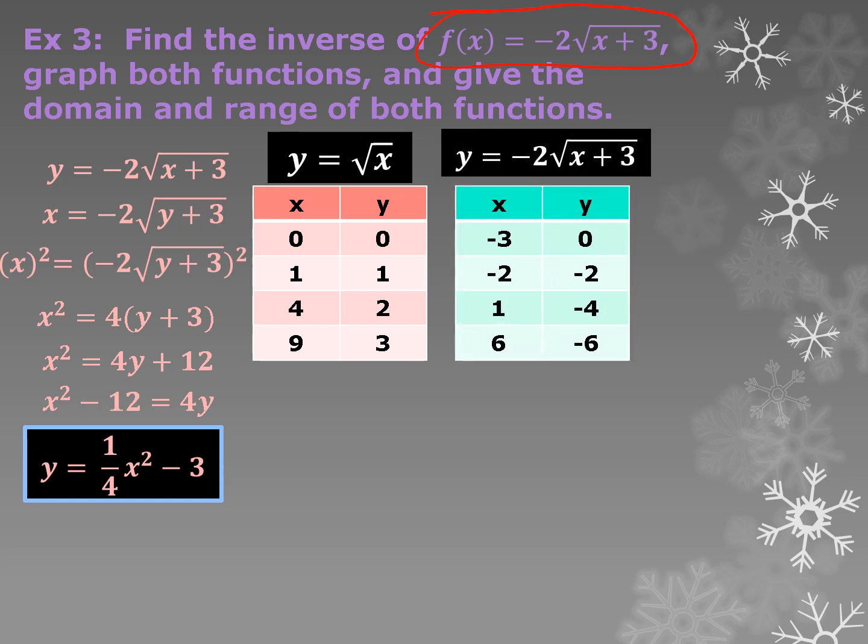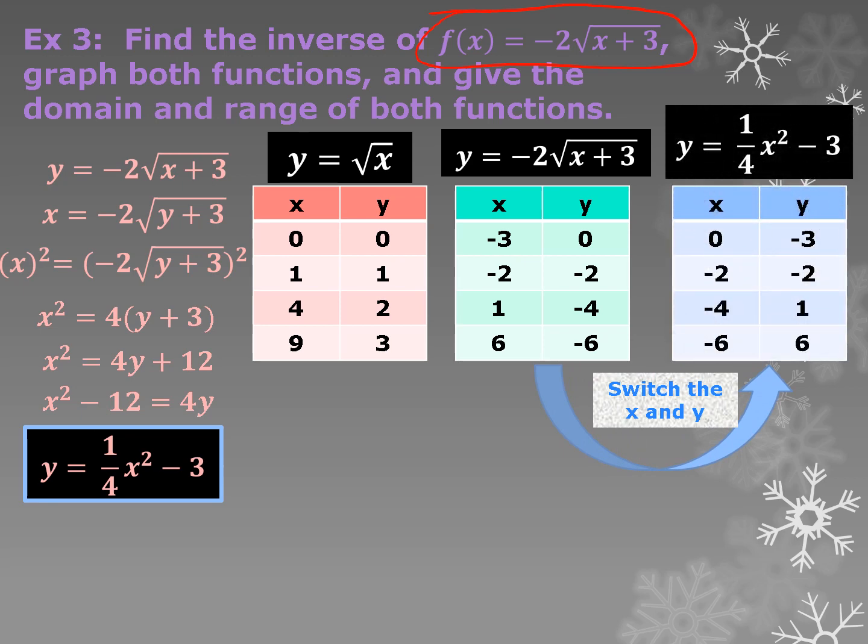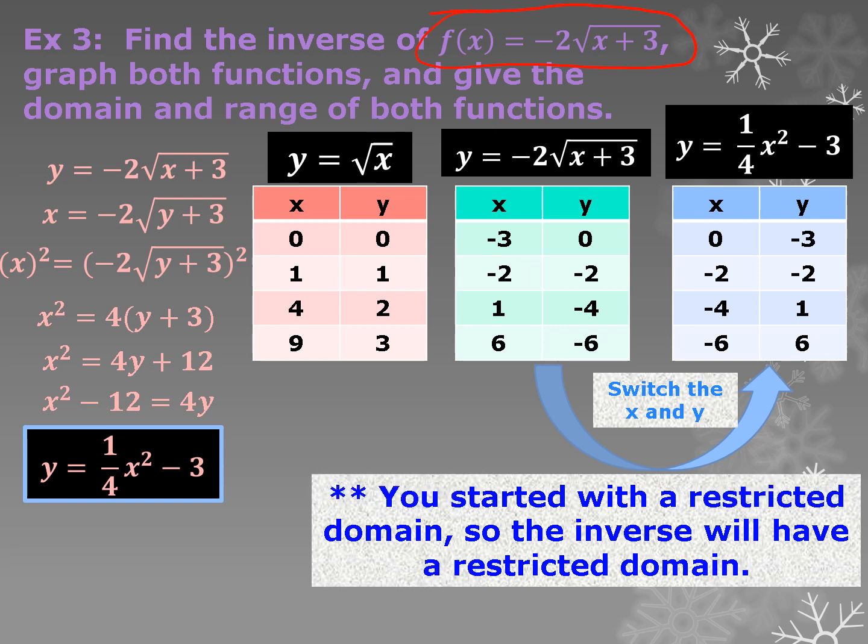Now that I've got the table for my original function, to form the inverse, I'm simply going to switch the x's and the y's. Okay? Now remember, we started with a restricted domain, so my inverse is also going to have a restricted domain. Okay, so remember, we're starting with a square root, so our inverse will only be half of a parabola.